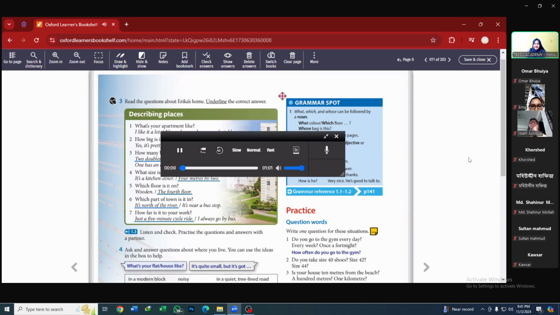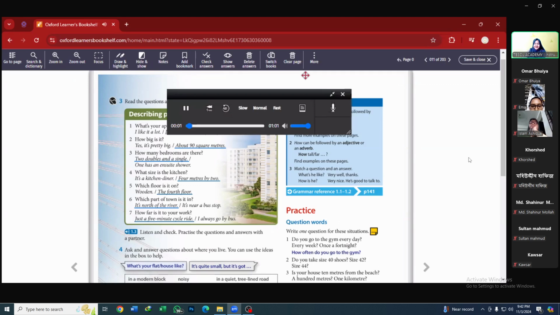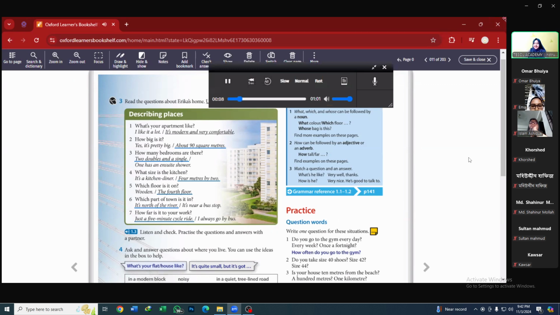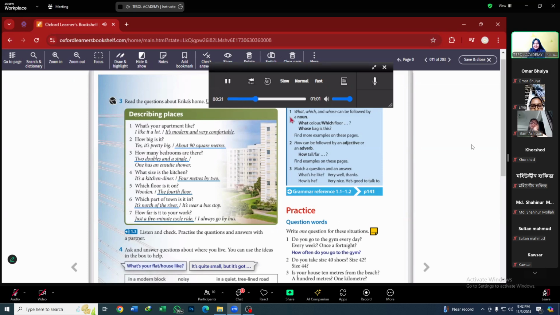1.3 Describing places. 1. What's your apartment like? It's modern and very comfortable. 2. How big is it? About 90 square meters. 3.